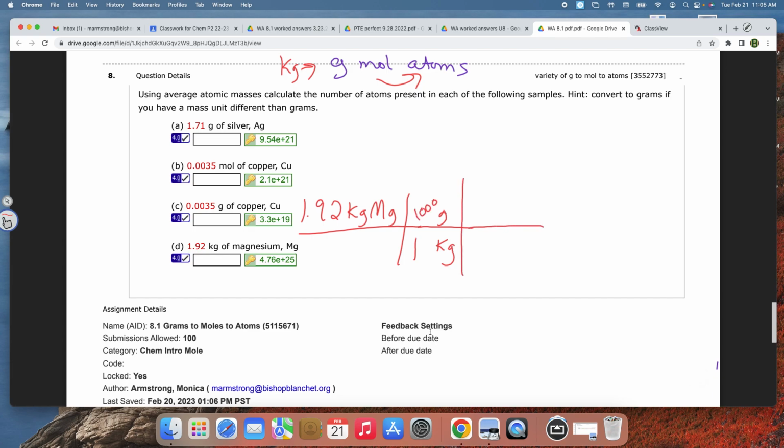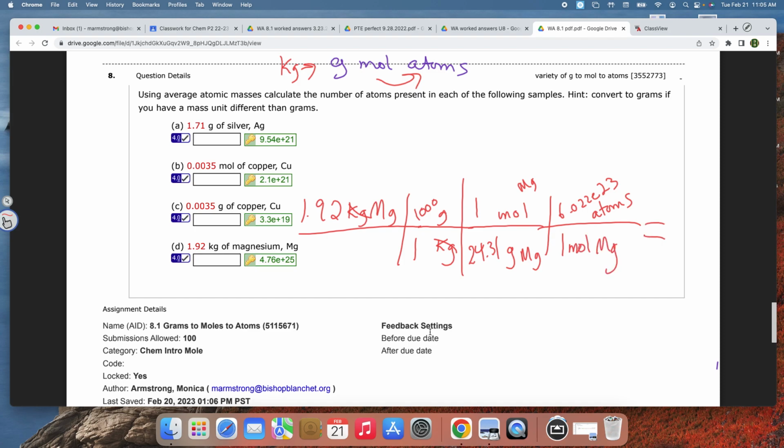And then we will go from grams to moles, because that canceled the kilograms. 1 mole of magnesium has 24.31 grams for magnesium. And the last one is Avogadro's number on top of atoms for 1 mole of magnesium.